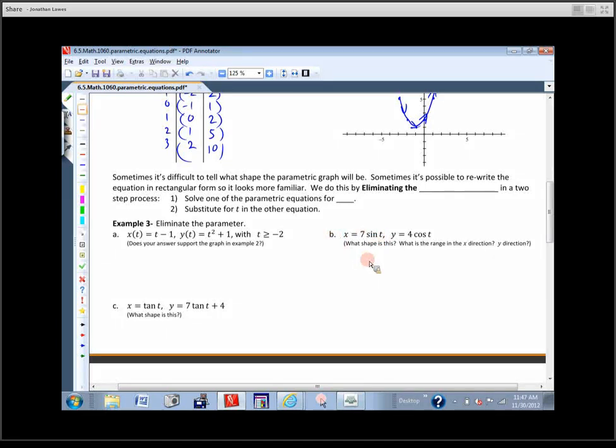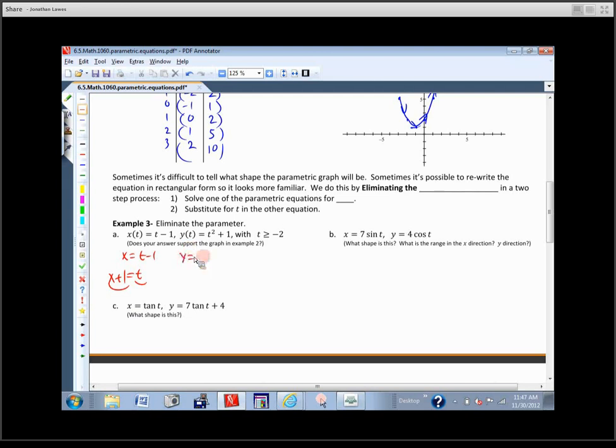Okay? So this is actually the equation that we had up above in example 2. Of the x equation or the y equation, which one would be the easiest to solve for t? X would be. So I'm going to take this and I'm going to say x equals t minus 1, which means if I solve for t, I get t equals x plus 1. And then wherever there's a t, I'm going to put an x plus 1 in the other one.